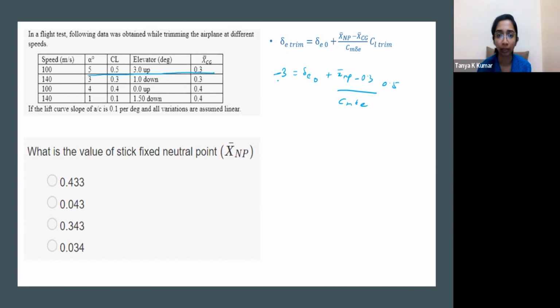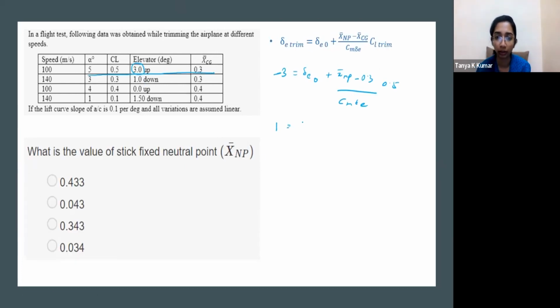For the next set of values, what would be delta E trim? For the first set of values, this is 3 degrees up, so that is -3. In the next set, what is your delta E trim? +1, exactly.